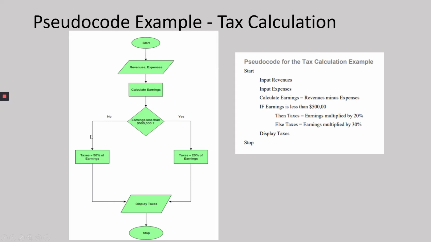You could take either branch based on your calculation, and we just pick one branch from these two. So we go right here. We need to display the taxes, whether it is 20 or 30. After the display, we end the whole process. That's the idea. Okay, let's go back.